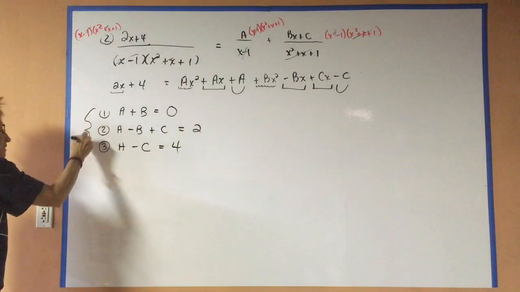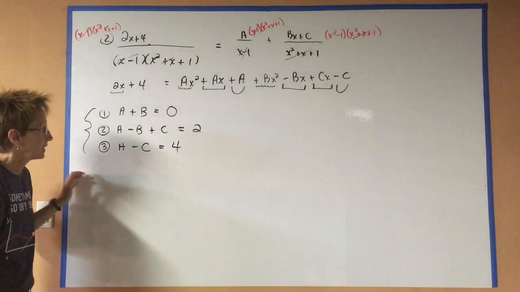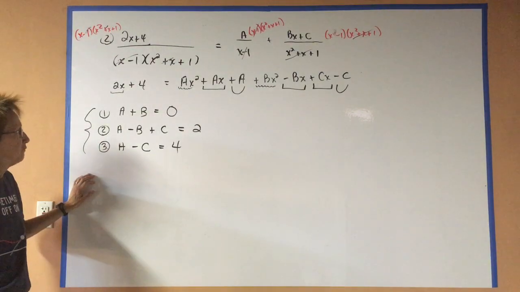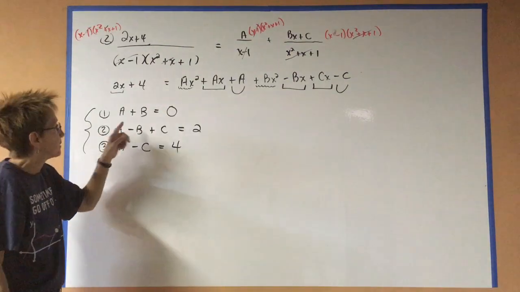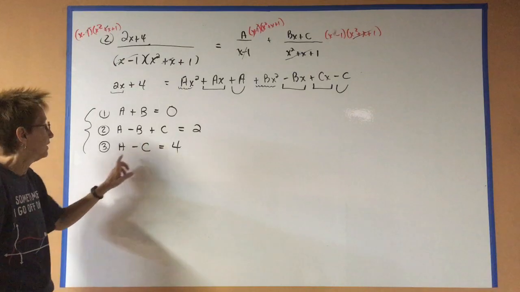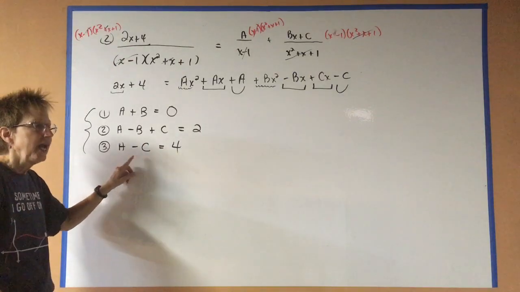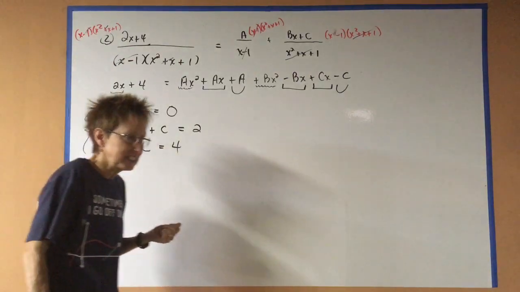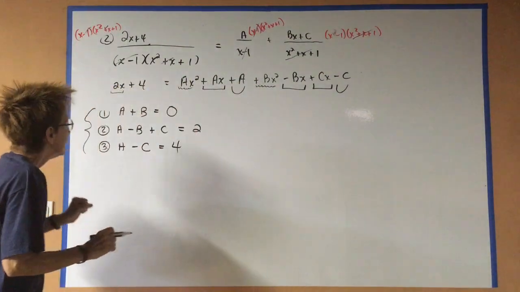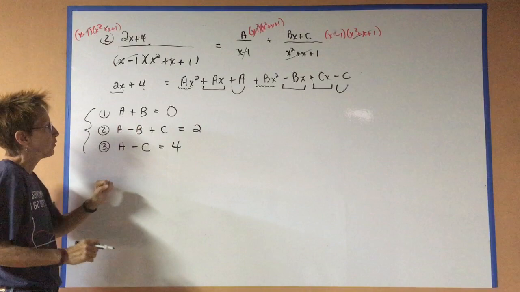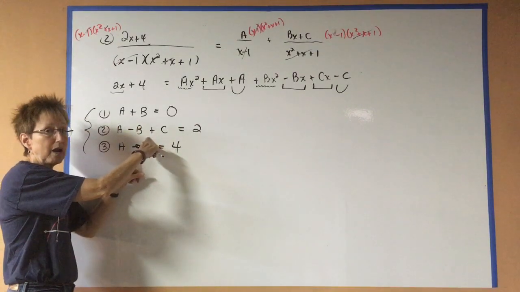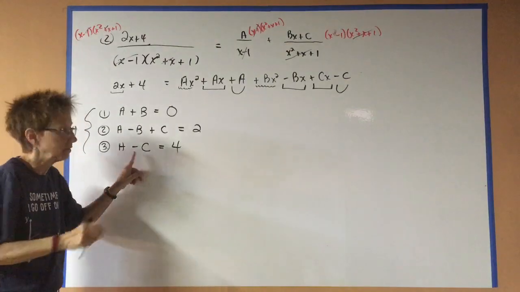So here's my system. 3 unknowns, an a, a b, and a c. 3 equations. It looks a little funny because you'll notice the first one doesn't have a c in it, the second one has all 3 variables in it, and the third one doesn't have a b in it. What that's telling me actually is that part of my problem is done. In other words, this one doesn't have a c in it, so I could choose to eliminate the c's from 2 and 3, and then I would have my a and b equation different.